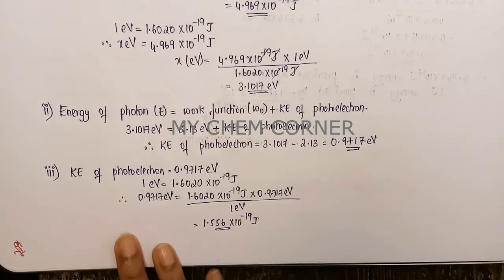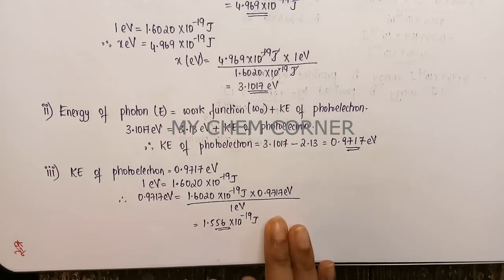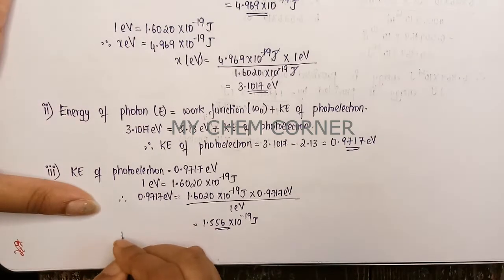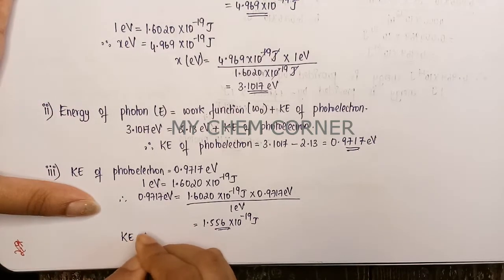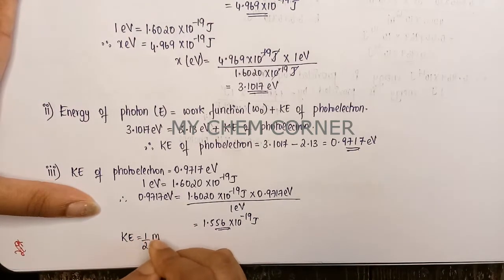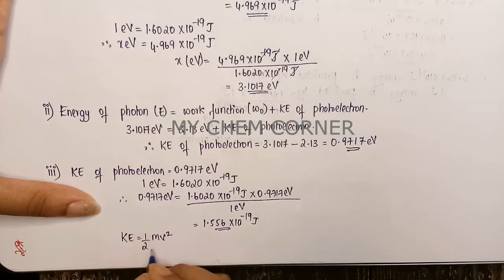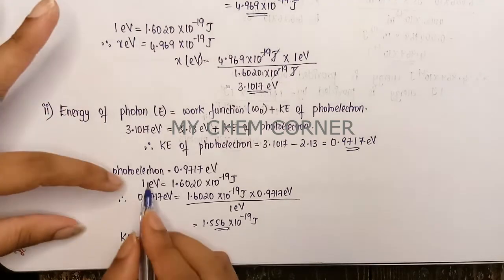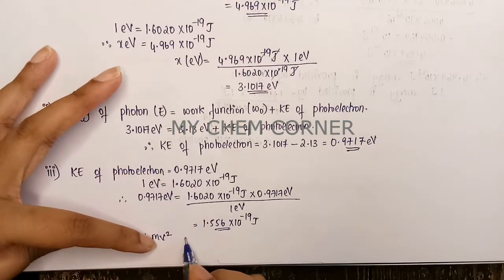Now what we need to find out is the velocity. But that velocity you will get only from the kinetic energy formula. So here we can write that kinetic energy is equal to 1 by 2 mv square. Now v is what we have to find out. Kinetic energy we already have here. Here the mass is of the photoelectron, which means the mass of electron.